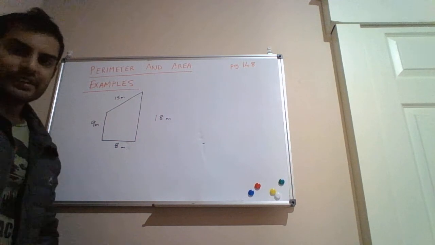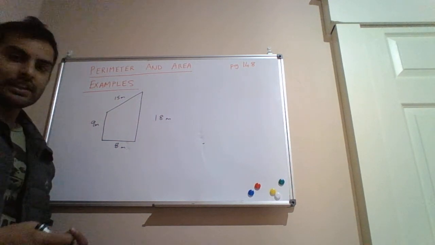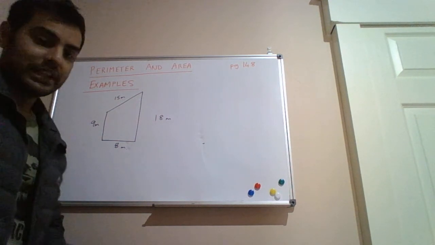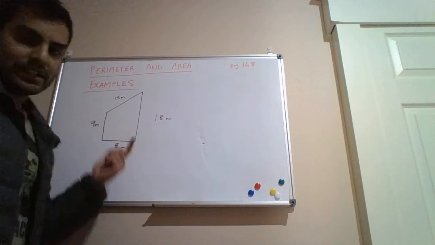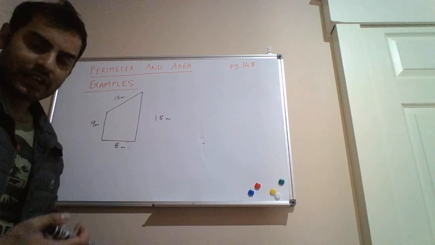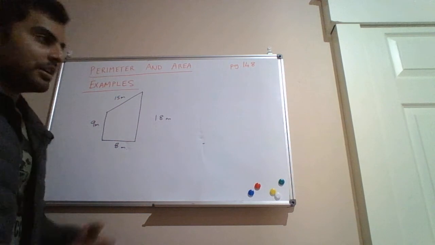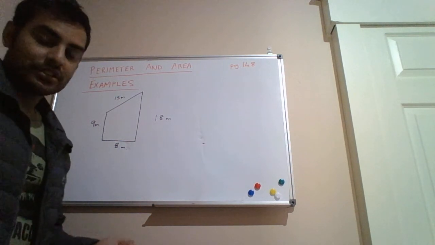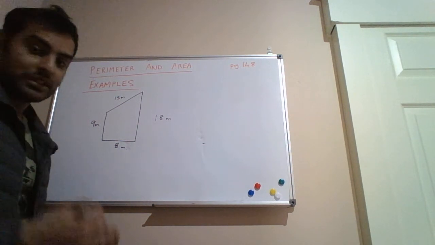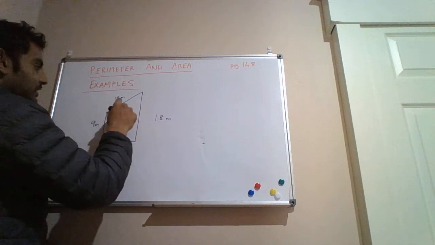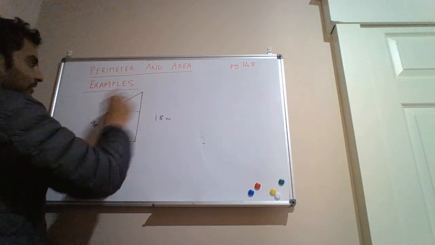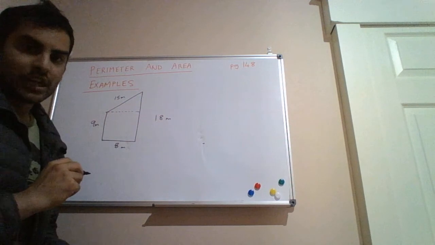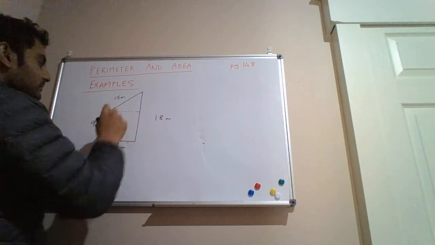So to find the area of the shape, we can't use any of our previous formulae, because this doesn't fit into any particular category, rectangle, square, triangle. But what we can do is split this shape up into shapes that we do know. So if we draw a line like this, then we've got a triangle at the top and a rectangle at the bottom.